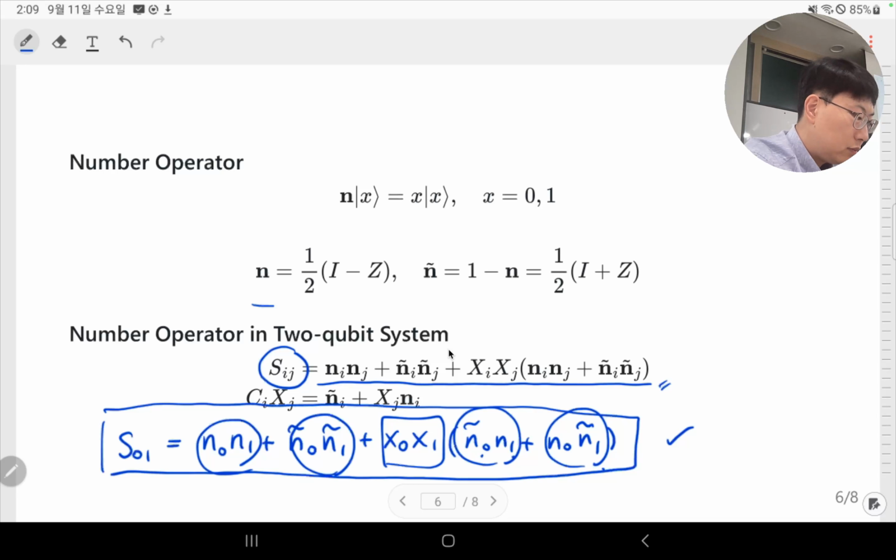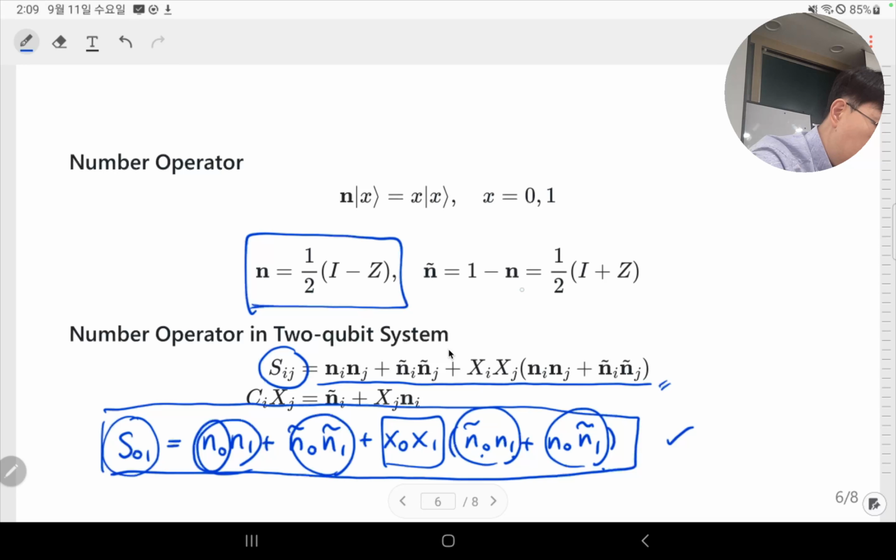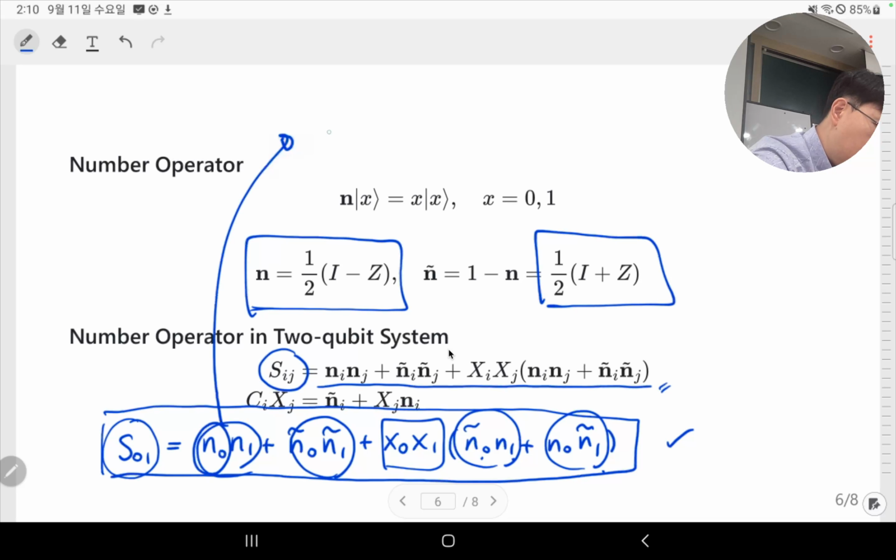That's all. If you want to further write your swap gate in terms of X and Z gates, you can replace the number operator with this identity, and the tilde with this identity. For example, this one can be written as 1 over 2 (I minus Z0) times 1 over 2 (I minus Z1).